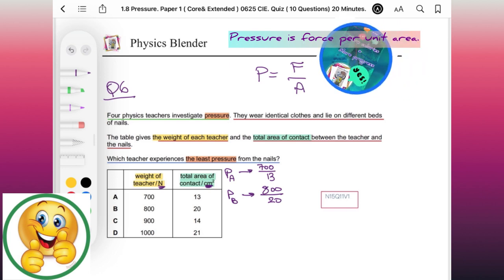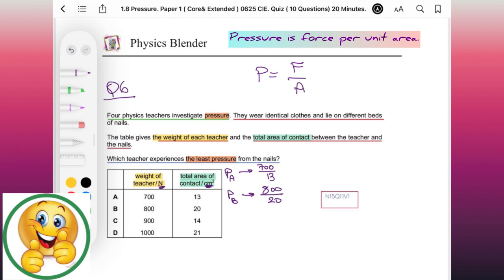Here we are just comparing numerical values, no need to convert. Pressure C: 900 divided by 14. Pressure in case D: 1000 divided by 21.